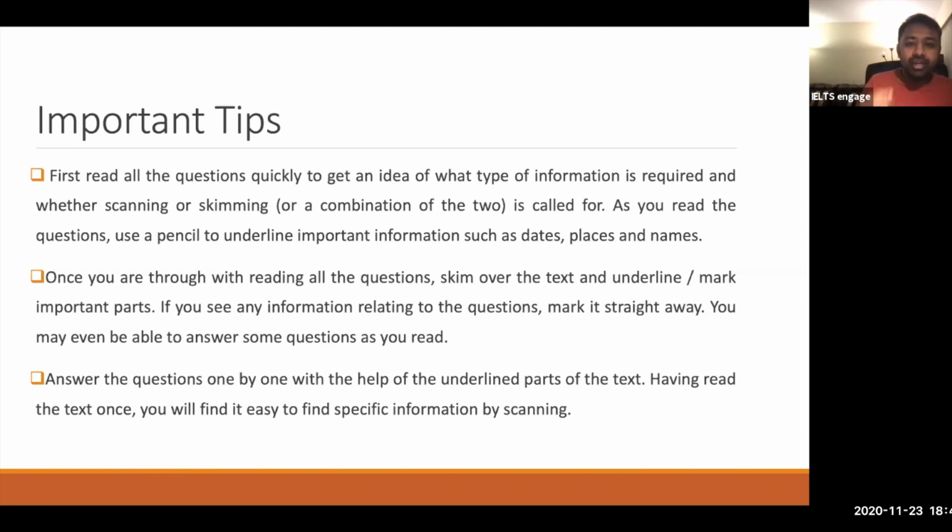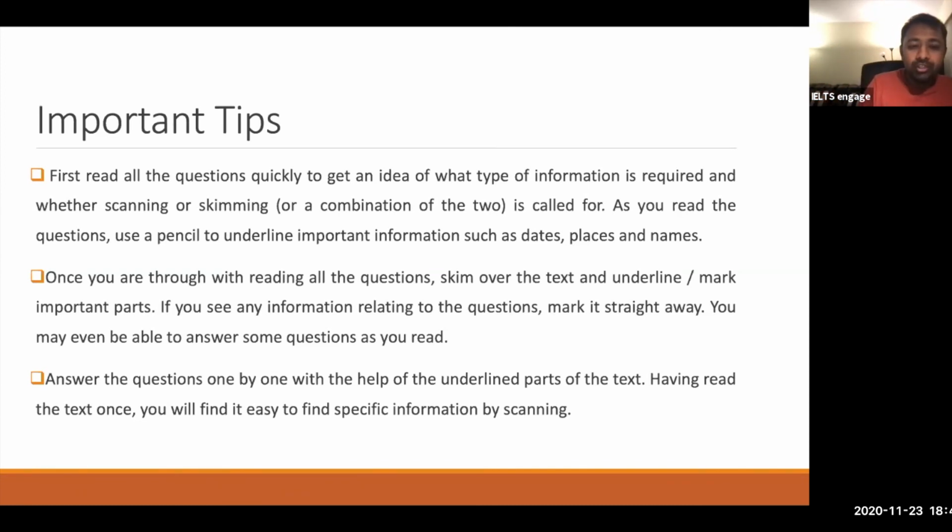When you're reading the question, you could also underline the important information in the question, and then when you read the passage, you underline the keywords or phrases. After reading your questions, skim over the text, underline important words, and mark important parts of the passage. If you come across any information which relates to a question, just write it or answer the question right away.